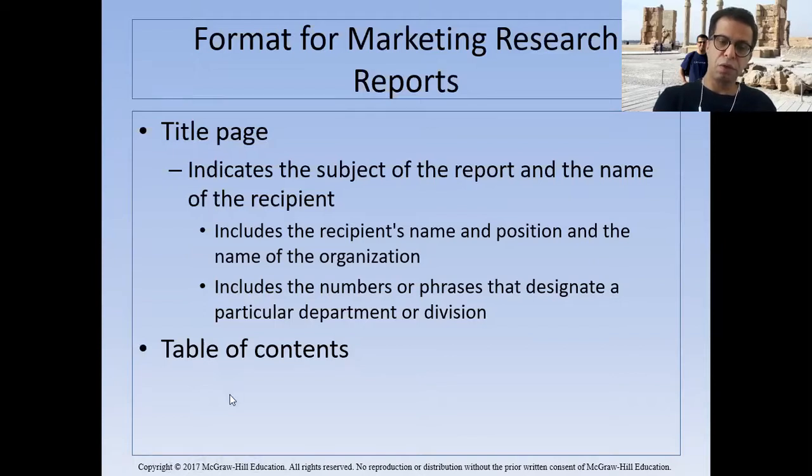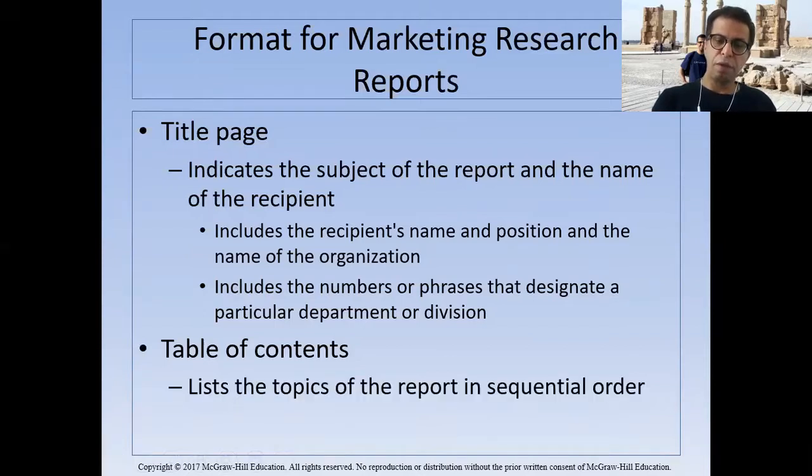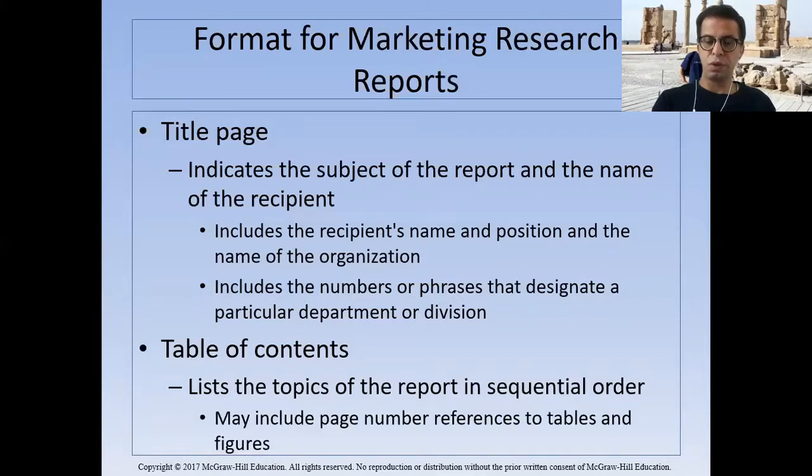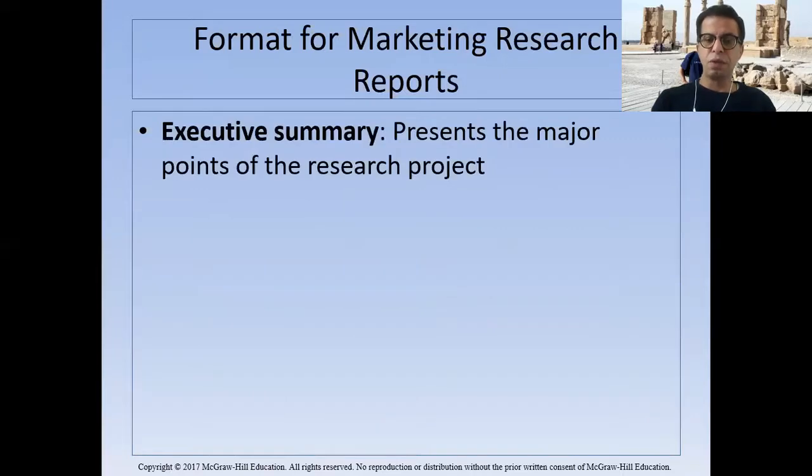In the table of contents, you will have the list of the topics of the report in sequential order. It may include page numbers and references to the tables and figures. There should be, as we said, an executive summary.